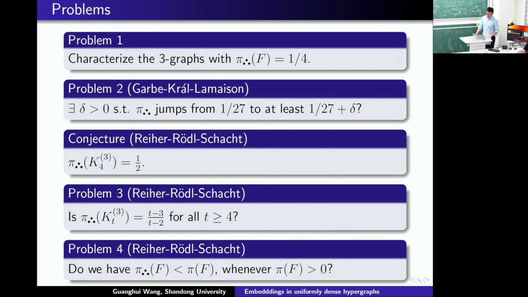And the last one is, we want to know whether, whenever the classical Turán density is positive, the uniform Turán density is strictly lower than the classical one.